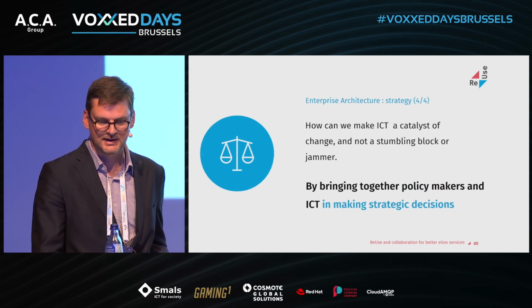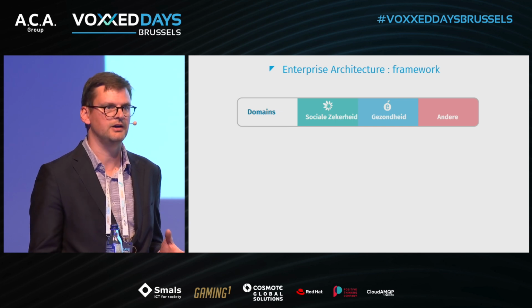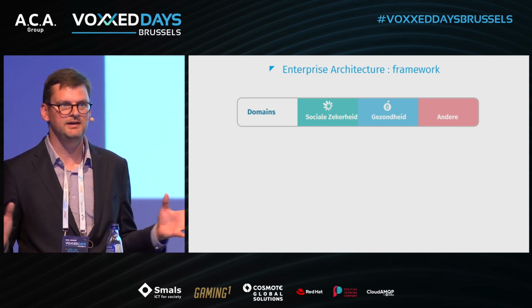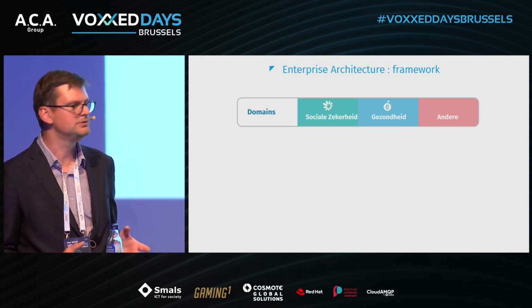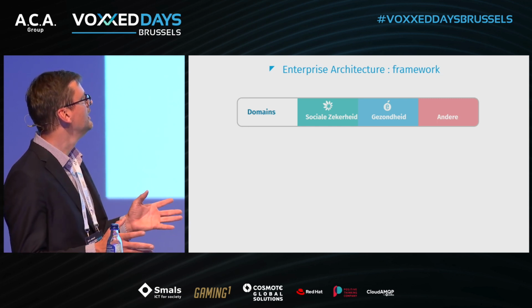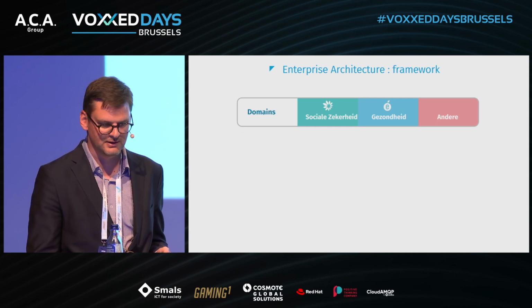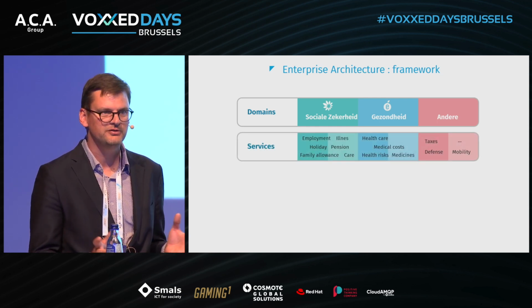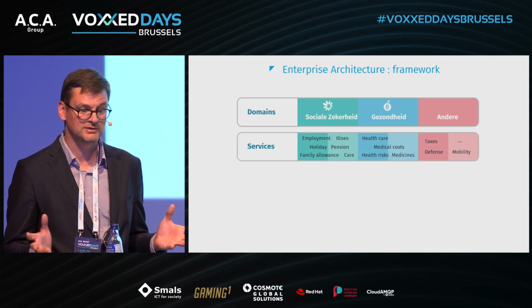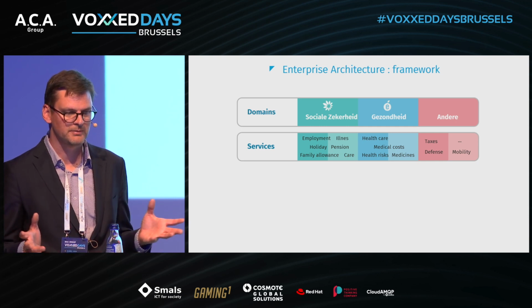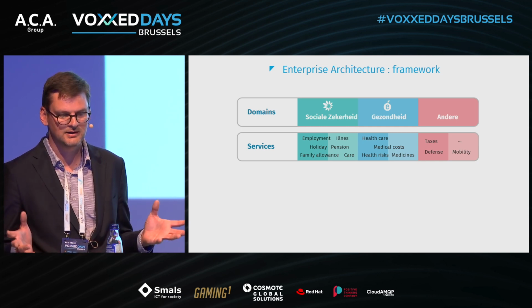And so at enterprise architecture, I've told in the beginning that we have a big ecosystem, and we can see different domains, social security, healthcare, or other areas that Smals is active in. They all provide services, so business services for employment, pension, holidays, healthcare, medical costs.